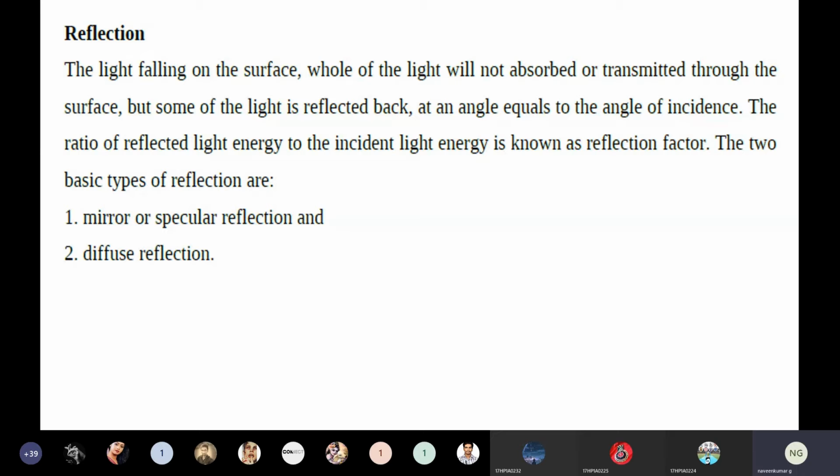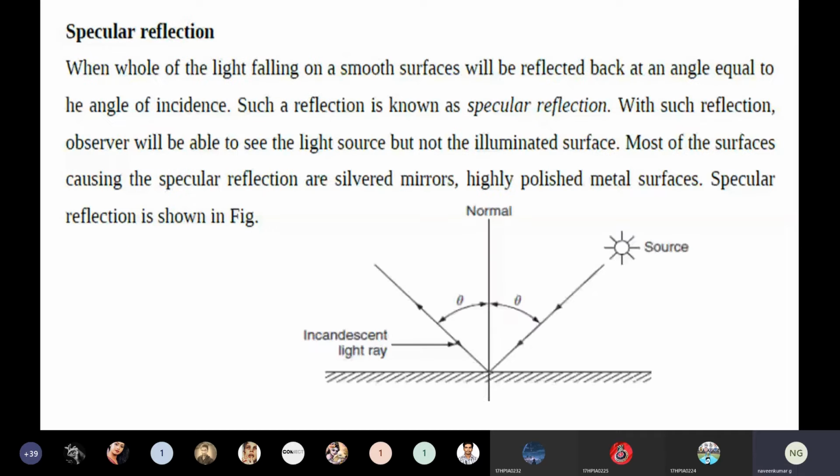Okay, reflection, again you have two different types of reflections here: specular reflection and diffuse reflection. What are they? Specular reflection, it's also called mirror reflection. Let's see what is specular reflection or mirror reflection.